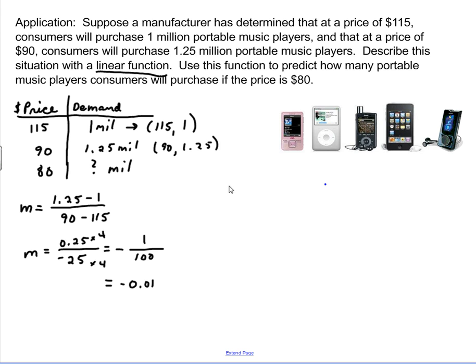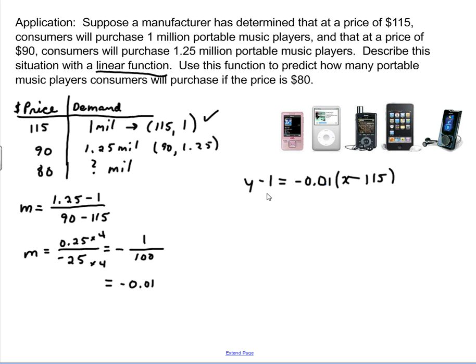So if we're filling in our formula, we can use either one of our 2 points in the point-slope form. But let's go ahead and use the first one right here. So we're going to take y minus 1, which is the given y value, will equal our slope, in this case negative 0.01, times x minus 115.